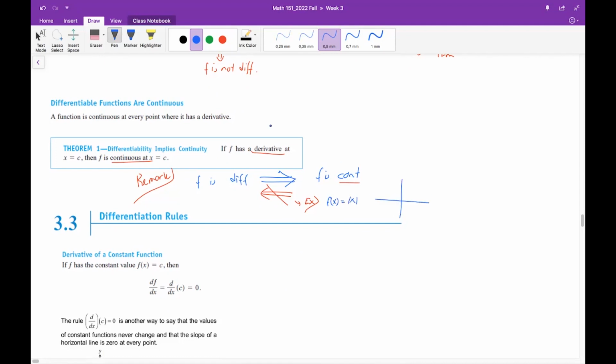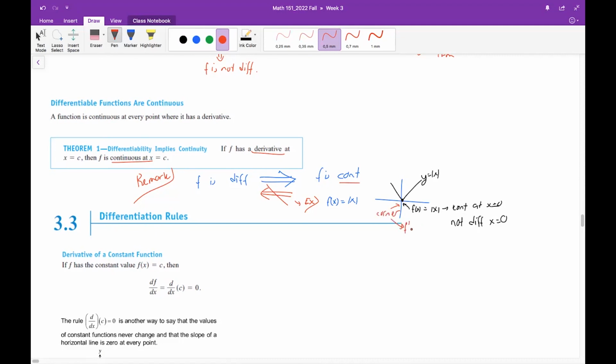Absolute value of x, remember? So this function at the origin, f of x equals absolute value of x, is continuous at x equals 0, while it is not differentiable at the origin, okay? It fails to have a first derivative there because there is a corner.